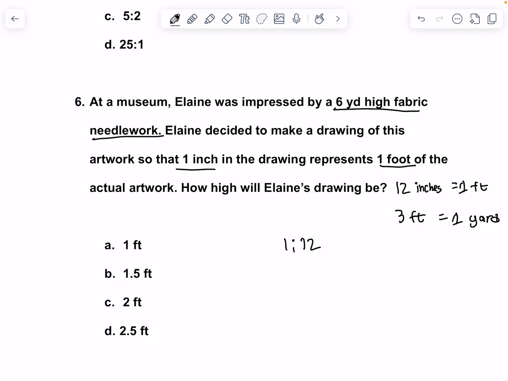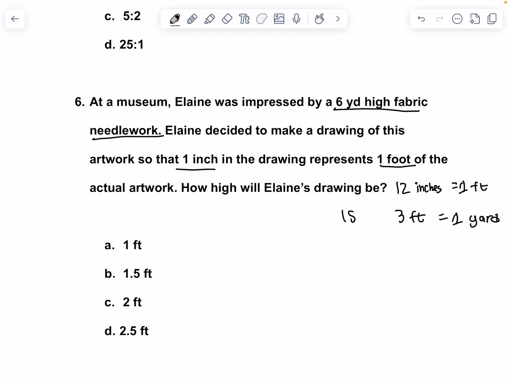Sorry, wait. So we know 1 inch represents 1 foot, and we know that there are 18 feet in 6 yards.